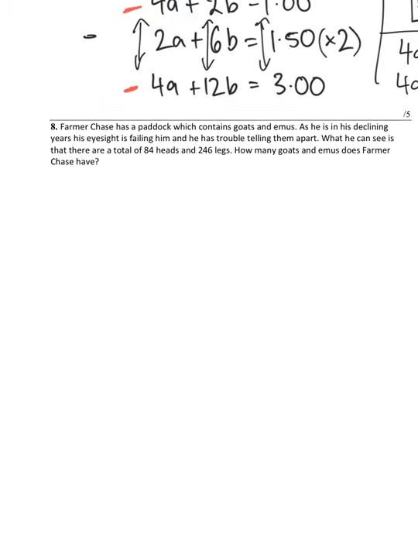All right, so if we think about our variables, we've got 2 animals. We've got goats, I'm going to give them G, and we've got our emus, which equals E. What we're going to try and do is make our 2 equations.